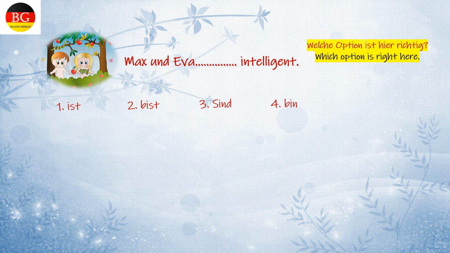Max und Eva ___ intelligent. Options are ist, bist, sind or bin. Welche Option ist richtig? Yes, the correct option is sind.